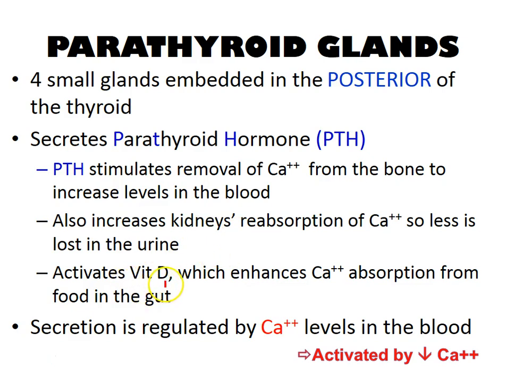It is activated by vitamin D, which enhances calcium absorption from food. And again, the secretion is regulated by the calcium levels in the bloodstream. So in terms of calcitonin and parathyroid hormone, their regulation has more to do with the levels of calcium in the bloodstream.